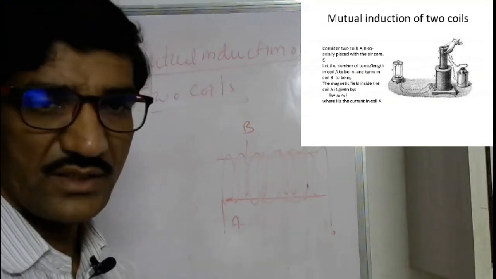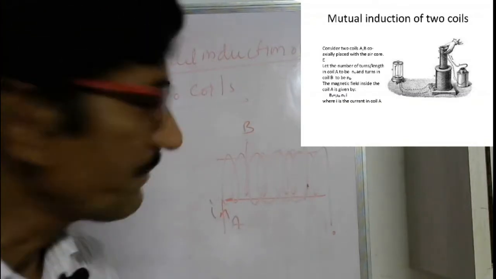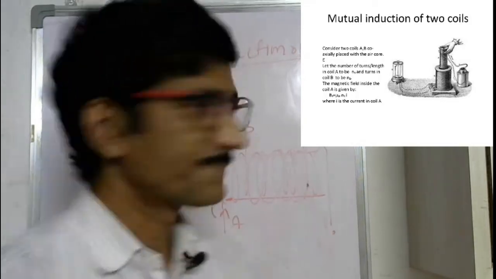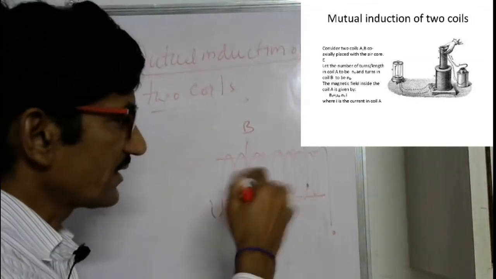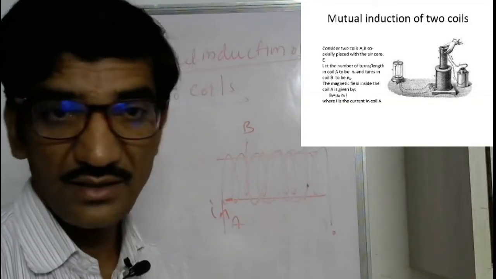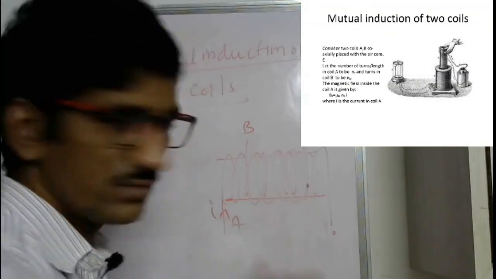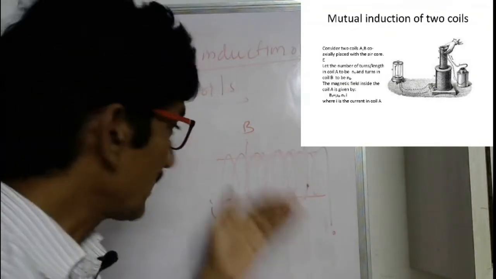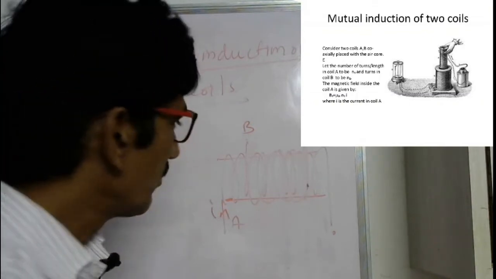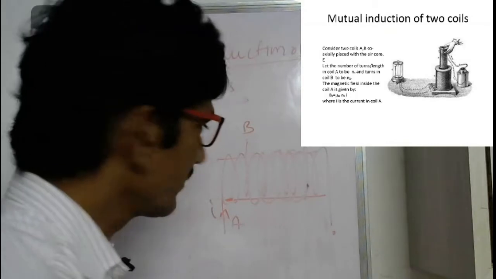Suppose that you are allowing the current I to flow through this primary coil, coil A. There is another coil B which is just above that primary coil, coil A. Both are like uniaxial coils.